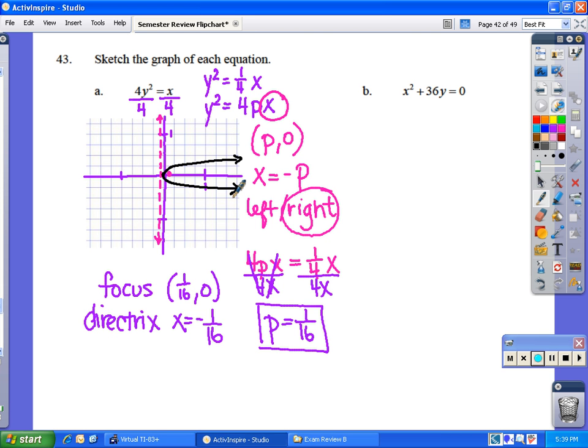And there's our graph. It would be nice if you labeled x equals negative 1/16 for your directrix, and also your focus at (1/16, 0).